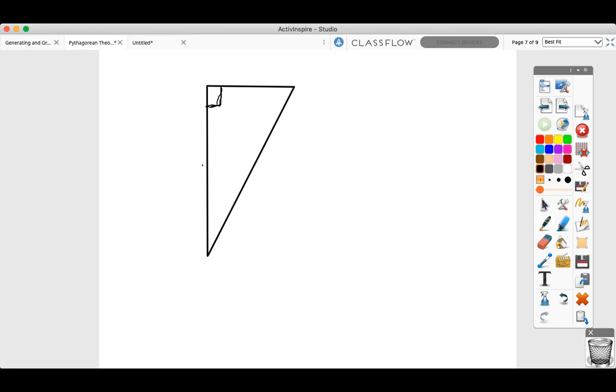So this time I'm going to tell you that, let's see, this will be 10, and then this will be 26. Okay. Now we don't know B. So this time, remember, A squared plus B squared equals C squared. Our A is 10, so we've got 10 squared.